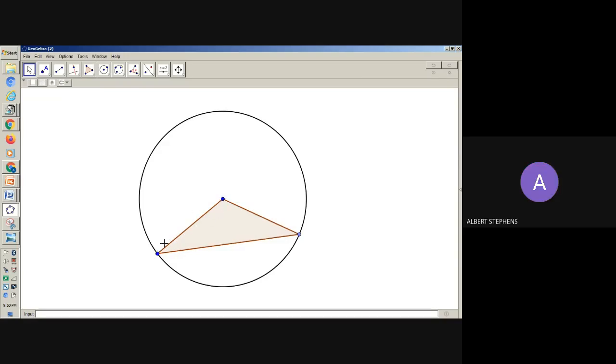Not chords, but the two radii. From right here, this line here will be the chord. So this is from the center to right here, that's a radius, not true? And from right here to the circumference is another radius. So guess what? These two radii are equal in length because the radius of a circle does not change.